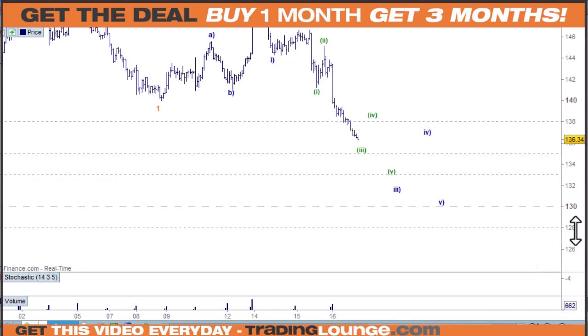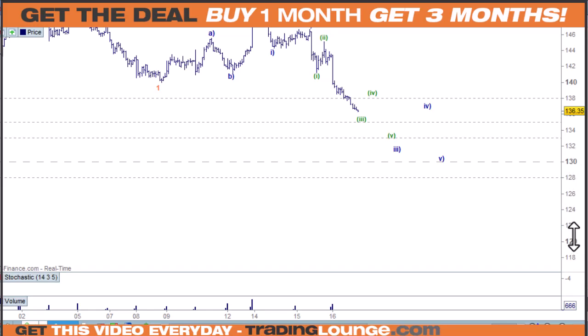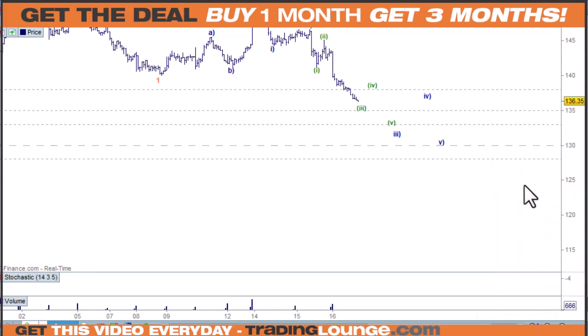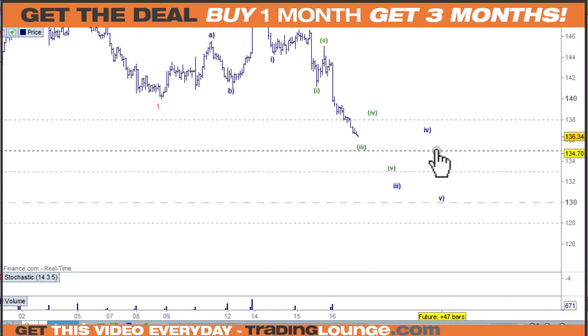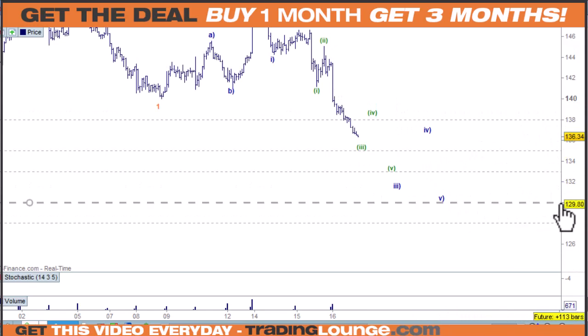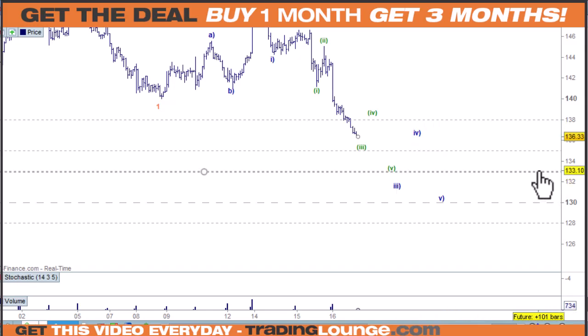The 130 is the top of minor group 1, and then we've got 120 below that. Now, coming into 130, we will have 1, 2, and 3 that make up subgroup 1 of minor group 1. So you're going to get a bounce off that. If you're looking for the biggest bounce, it's going to be around that 133 area.